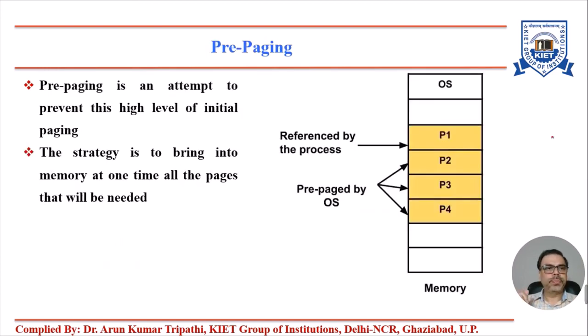Now, pre-paging. Pre-paging is an attempt to prevent this high level of initial paging. The strategy is to bring into memory, one time, all the pages that are needed. It means whenever a process is brought into the main memory, the entire process's pages are brought into the main memory before it starts execution.